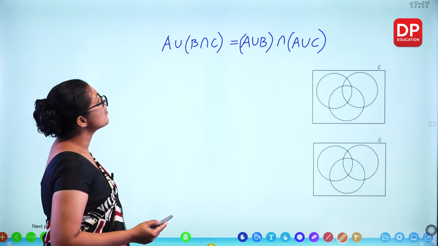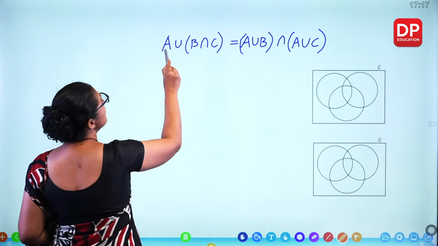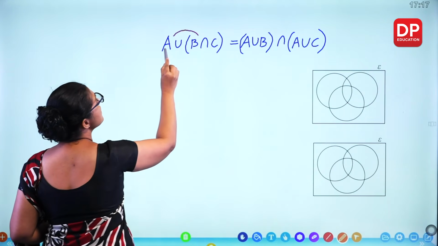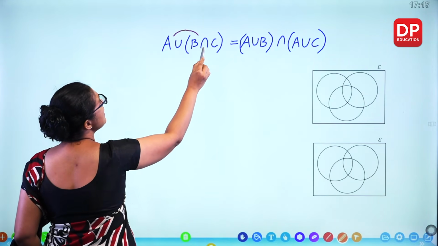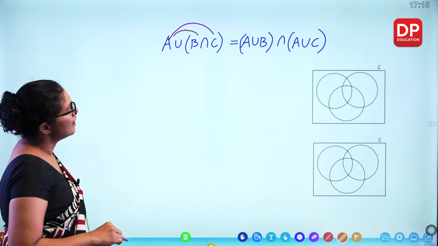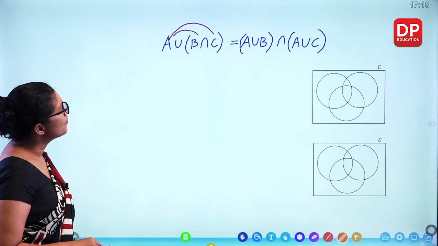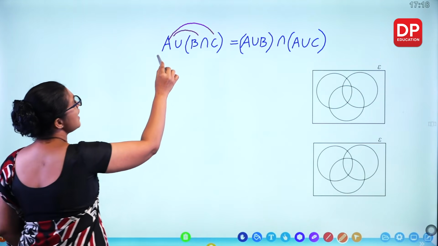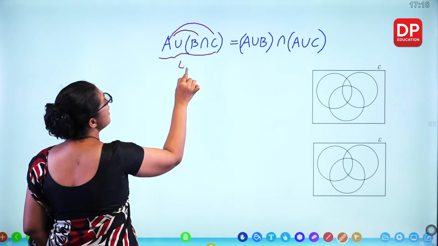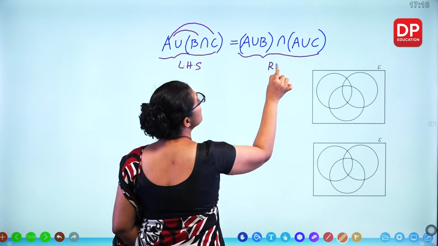Now we'll look at this question. Now this is like your expanding brackets, A union B intersection with A union C. Now we'll try to prove that this is true. So we'll take left hand side as this one and right hand side as this one.